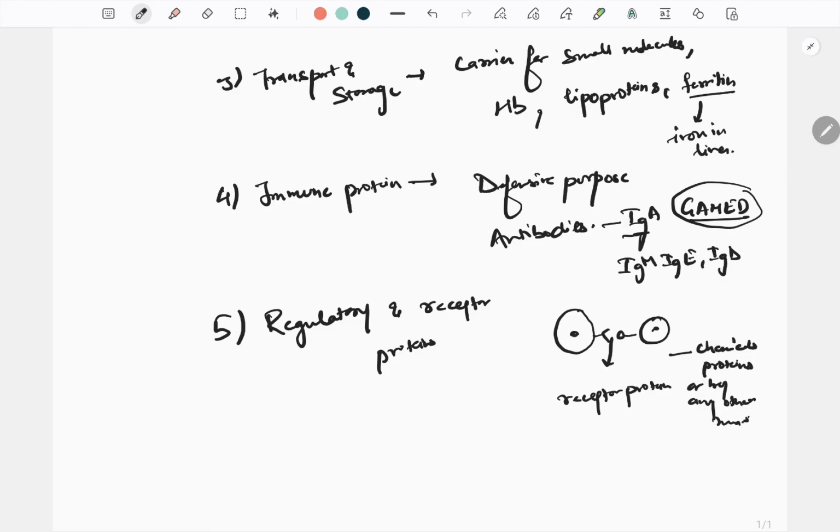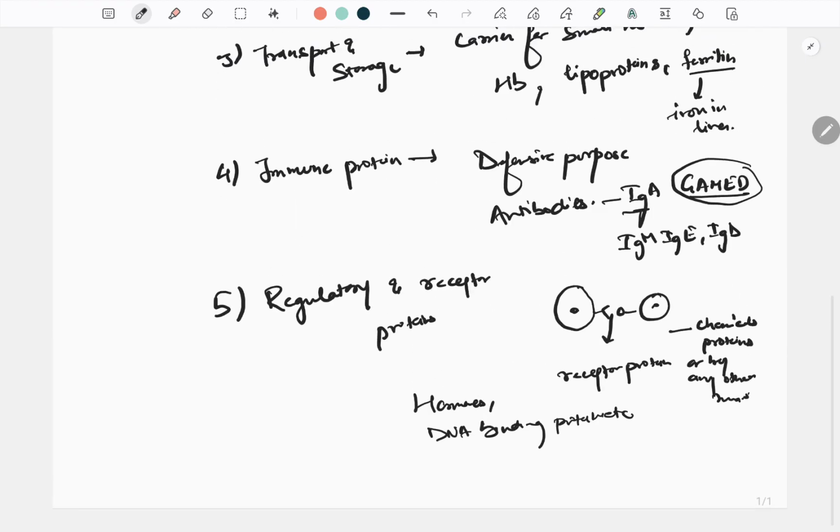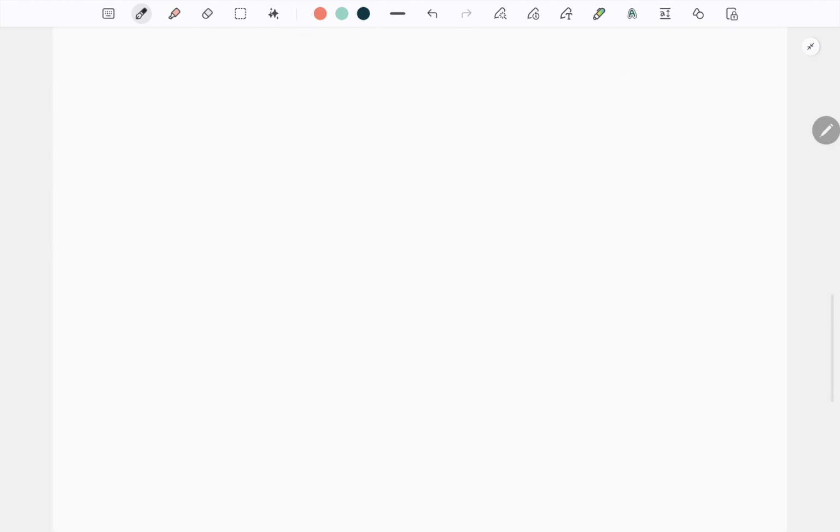Okay, so these are called like regulatory and receptor proteins, and these are basically used in like hormones, DNA binding protein, etc. I hope you got the idea, right?